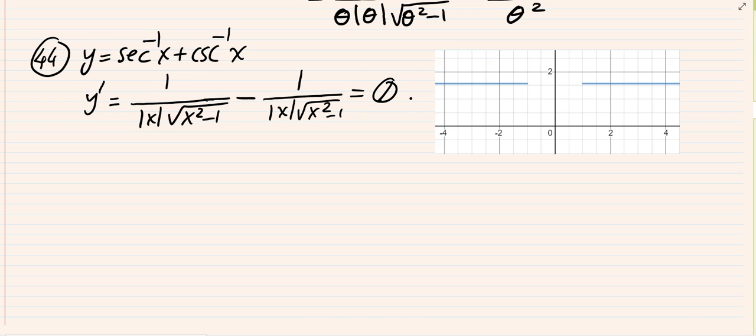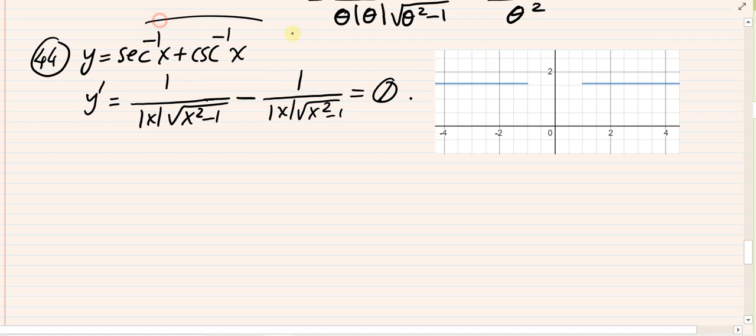I went ahead and graphed it using Desmos. I was curious. I graphed this function. You can see the graph to the right: secant inverse x plus cosecant inverse x. And you can see it's a flat, horizontal line. That's why the slope of a tangent is 0 at every point.